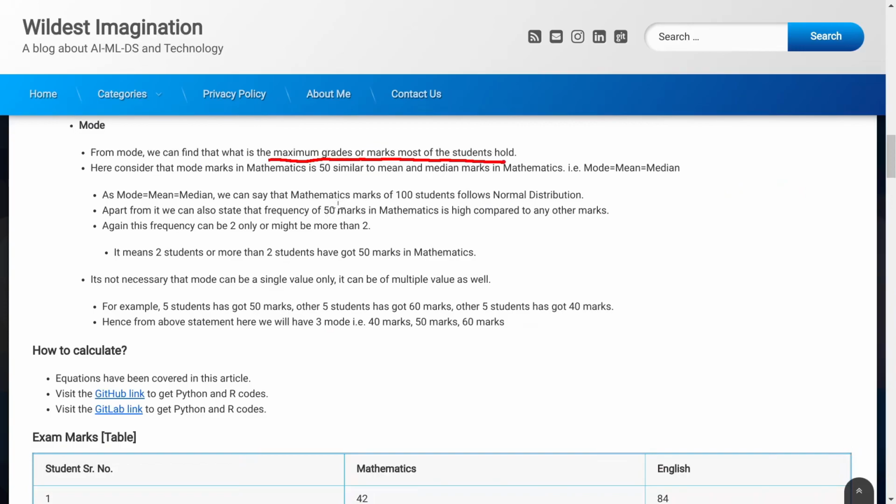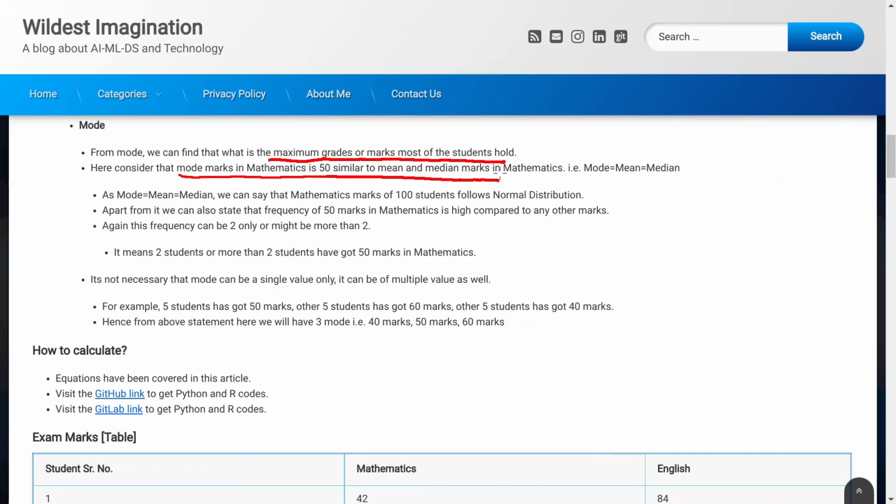Here consider that mode marks in mathematics is 50, similar to mean and median. As I have stated, we are considering normal distribution, and in normal distribution, mean, mode, and median will be equal. So over here, mode will also have the same value of 50.